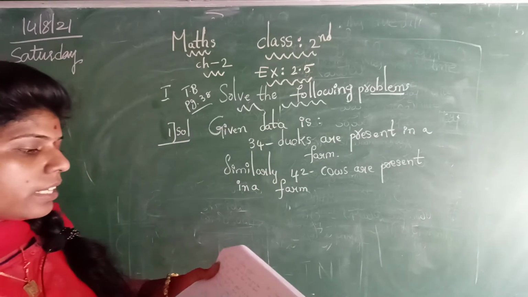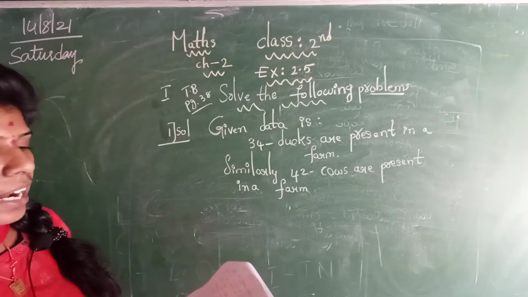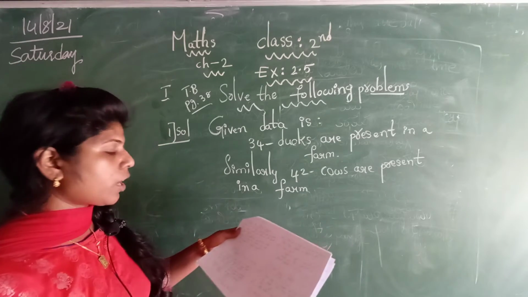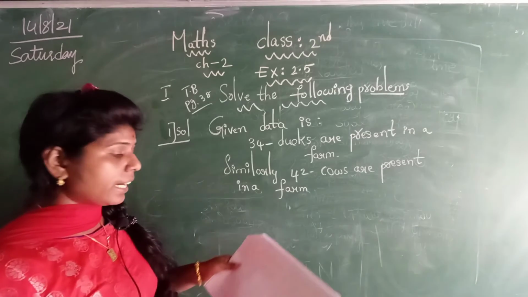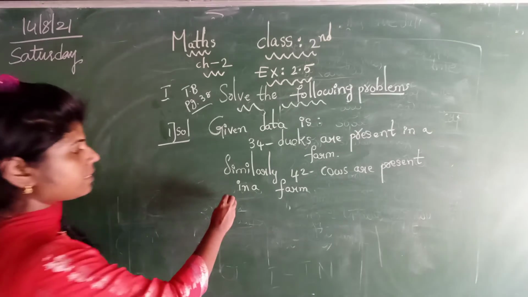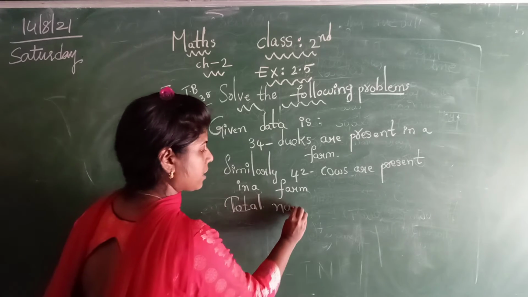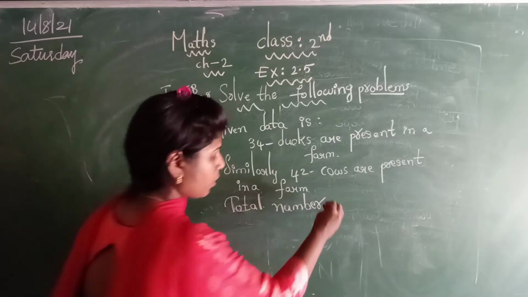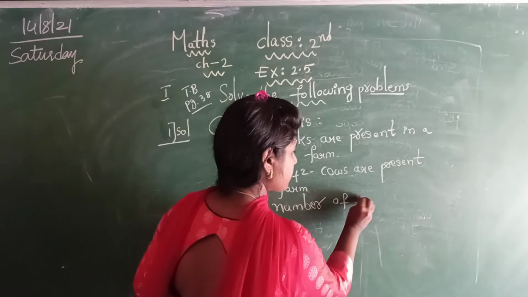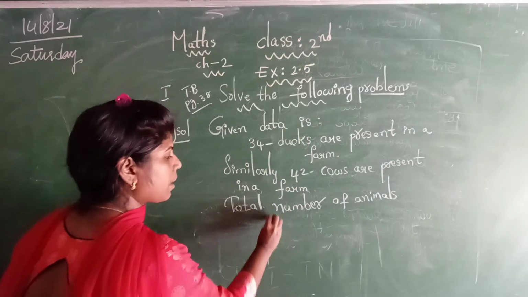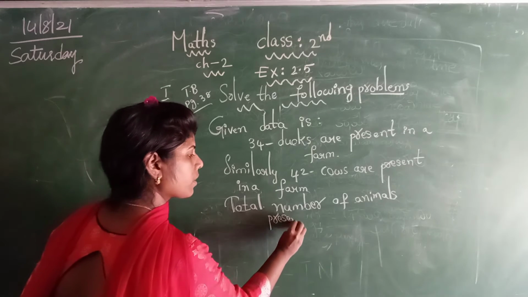What is the given condition? There are 34 ducks and 42 cows on a farm. How many animals are there on the farm? You have to calculate the total number of animals present in a farm.